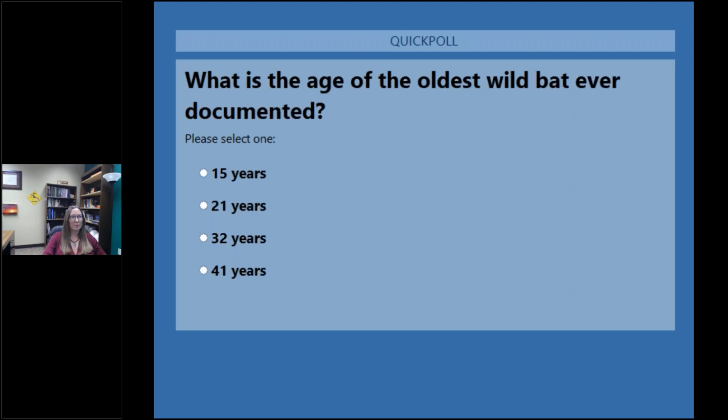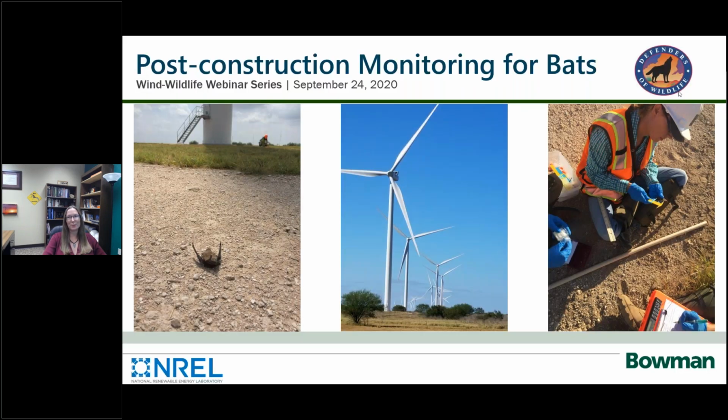Okay, so then I stumped y'all. The answer is actually D, it's 41 years. A Brandt's bat in Russia was banded in 1964 and was recaptured in 2005. Absolutely crazy, right? Love that question.